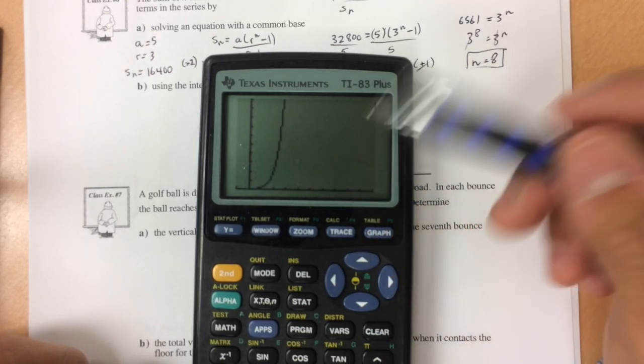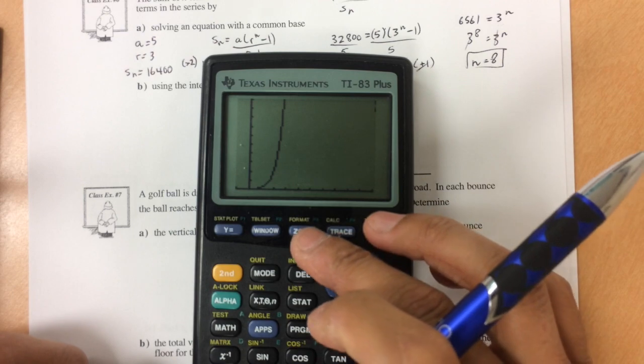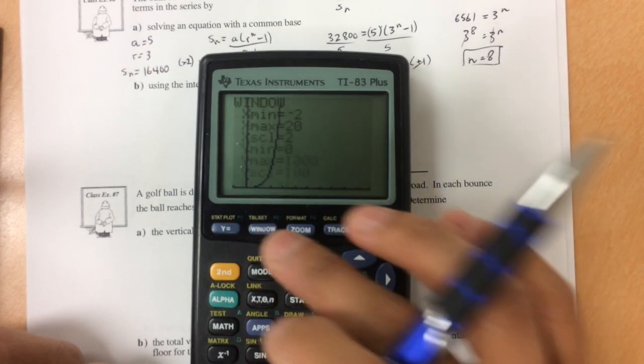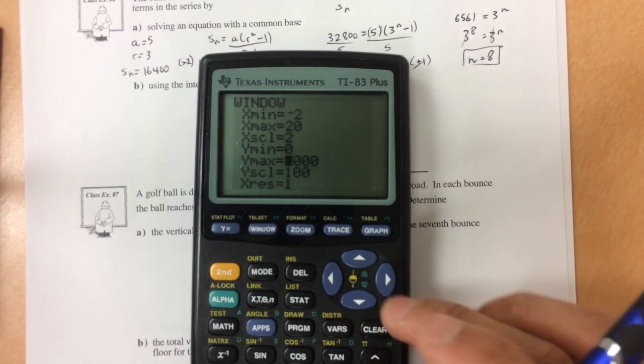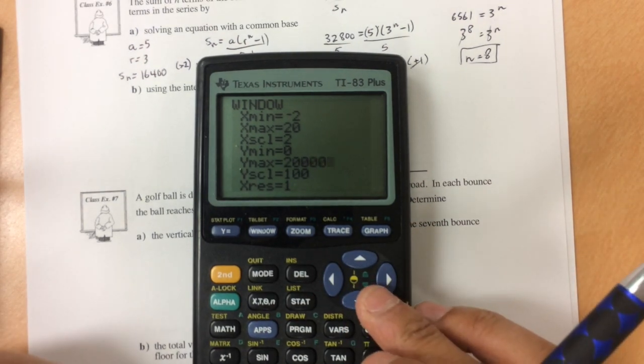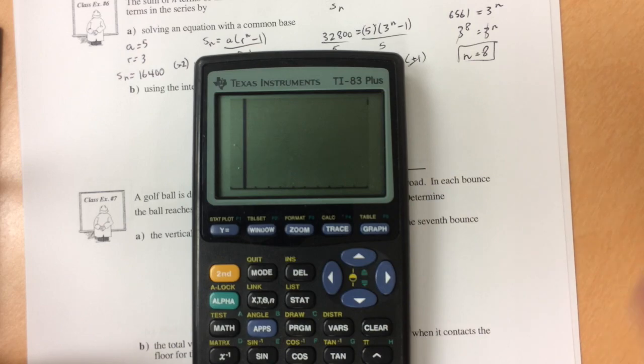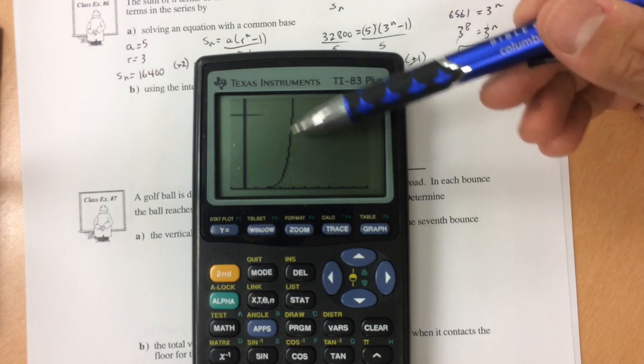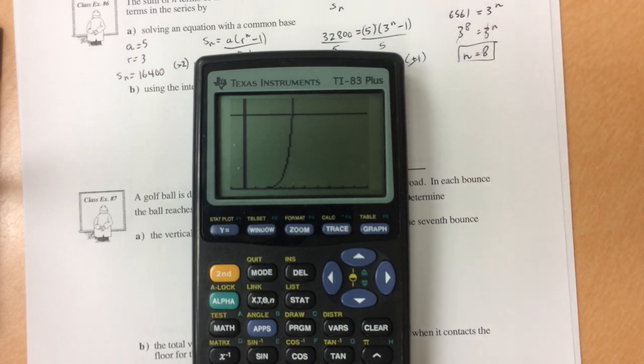So if this is what your graph looks like, you will definitely have to zoom out, because remember, y is crossing at 16,000. So that means that our y max we might need to set to something crazy like 20,000, so we can actually see where this graph is crossing. So 16,000, yeah, it's going to be right about there.